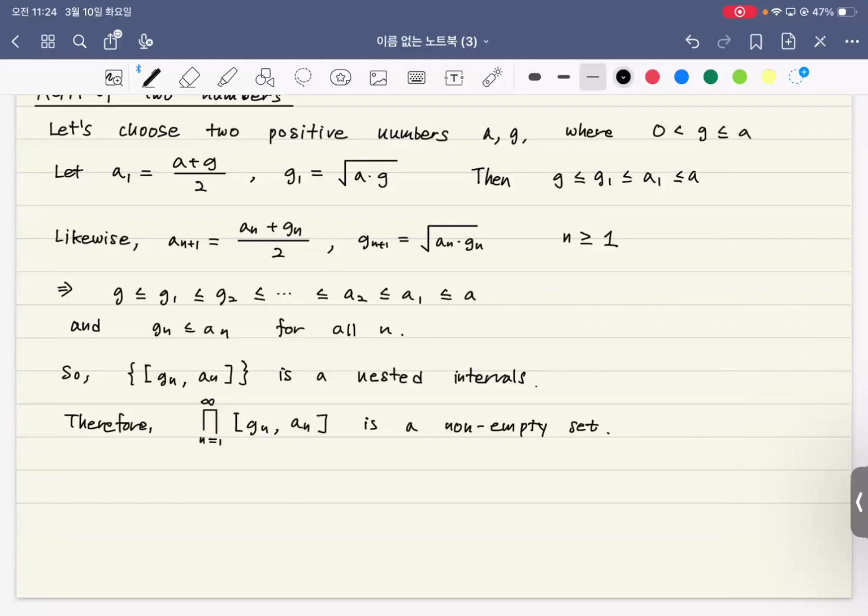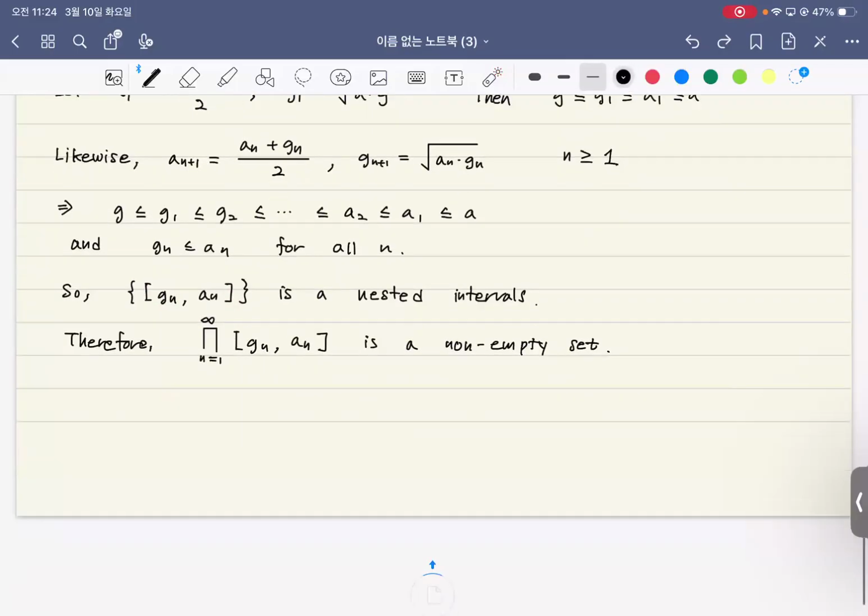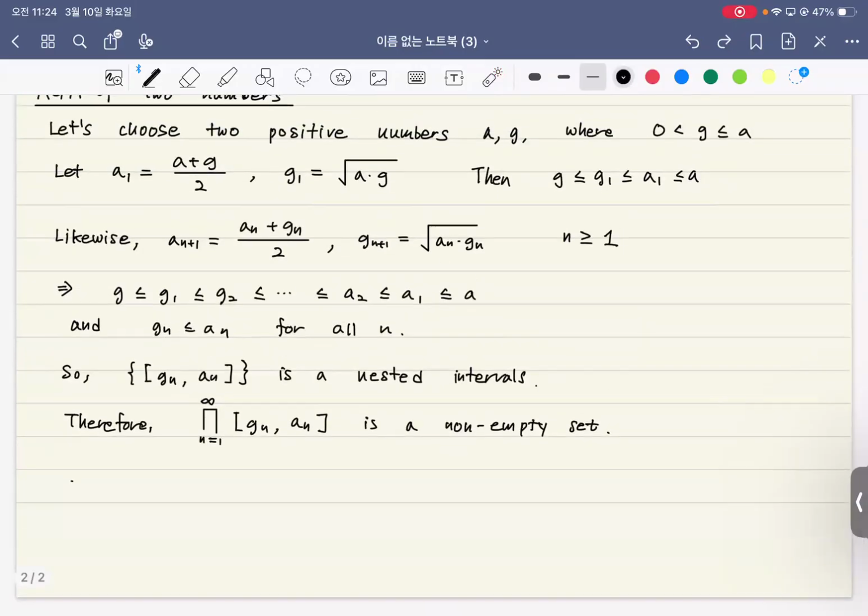A priori, this infinite intersection may contain many different numbers, but I would like to show that there is precisely one element in this infinite intersection, by showing that the length of these nested intervals is tending to 0.